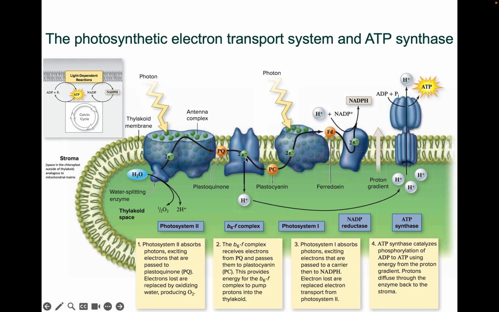Plastoquinone then passes it to this B6F complex, which is a proton pump. It's going to take the hydrogens from the stroma into the thylakoid space.